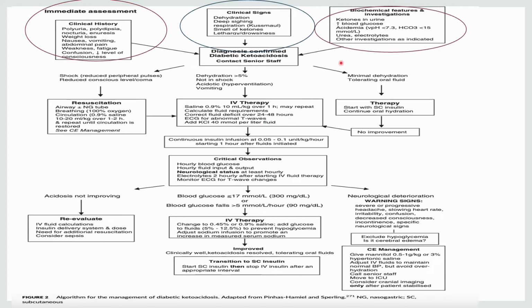If the child has minimal dehydration and is tolerating oral fluid, then you can start only subcutaneous insulin and continue oral hydration. If you see no improvement in the next 4 to 6 hours, then you can start IV therapy. After the initial fluid resuscitation, we start insulin infusion at the rate of 0.05 to 0.1 unit per kg per hour. How to calculate it, I'll tell in the next slide.